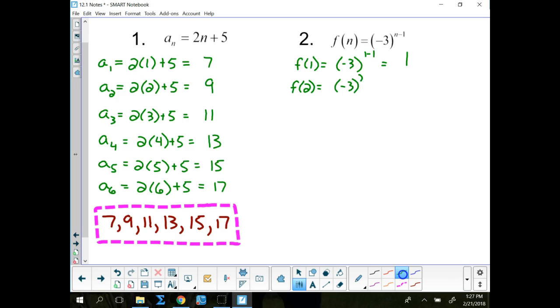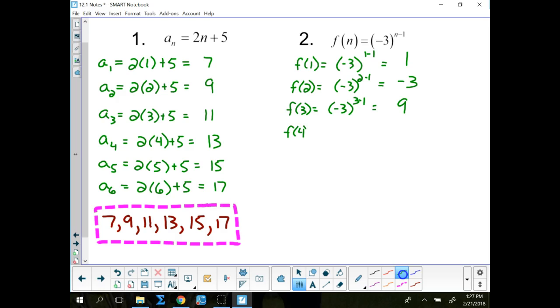Negative 3 to the 2 minus 1 power, so that's going to be negative 3. Then I put in 3. That's going to be positive 9, because my exponent is 2. Negative 3 squared is positive 9.